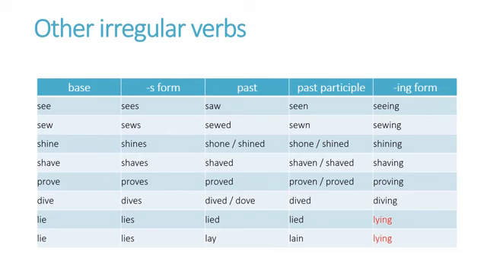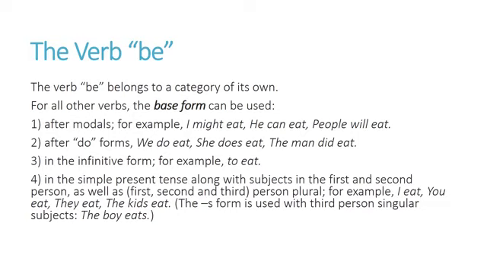The last one is the verb be. Now the verb be belongs to a category of its own. For all other verbs, the base form can be used after modals. For example, I might eat, he can eat, people will eat. After do forms, we do eat, she does eat, the man did eat.